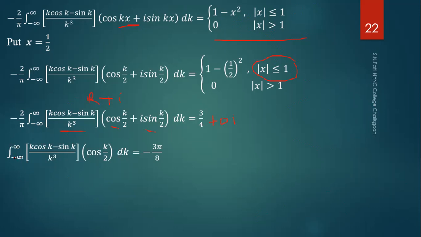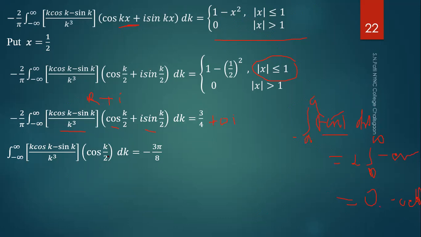Now we know that if the integral from minus a to a of f of x with respect to x is of an even function, then we write 2 times the integral from 0 to infinity. When the function is even, this is an even function. And if the function is odd, then the integral is 0.